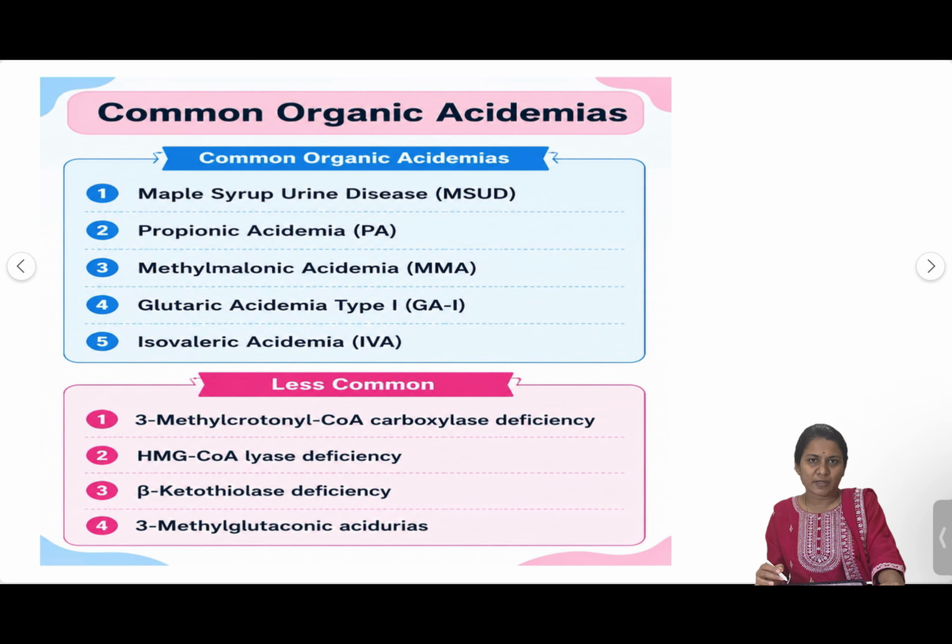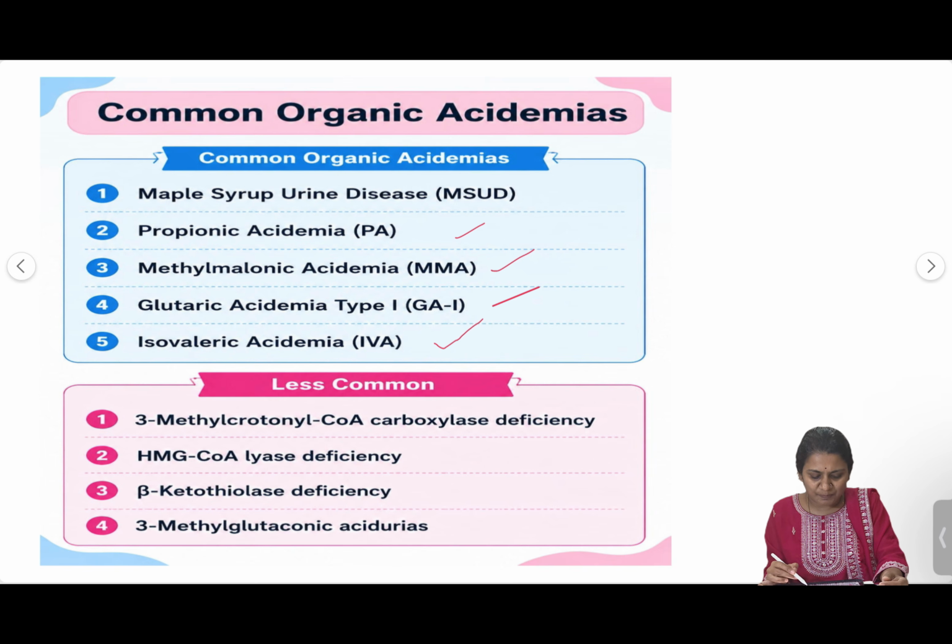So what are the common organic acidemias? For postgraduate students, you will get a question on this. The common organic acidemias are maple syrup urine disease, propionic acidemia, methylmalonic acidemia, glutaric acidemia and isovaleric acidemia.